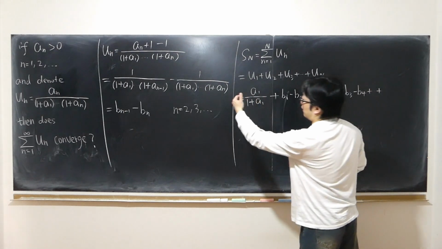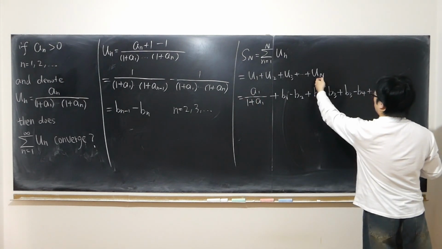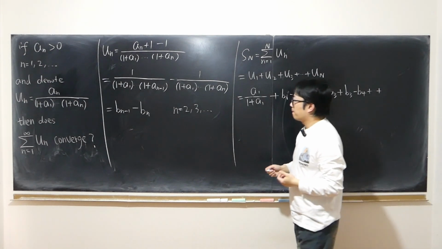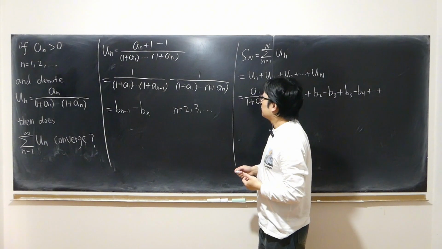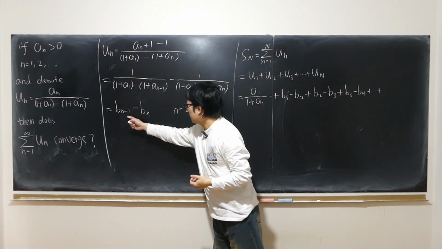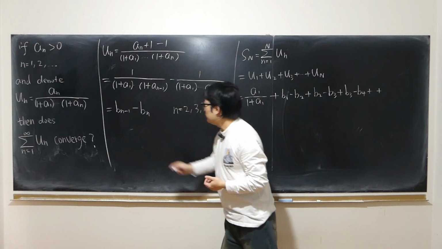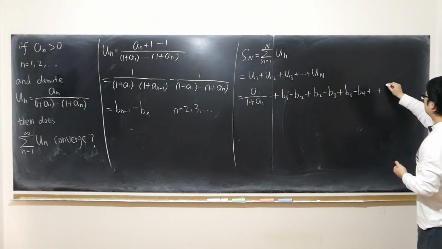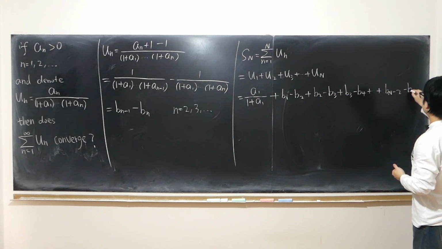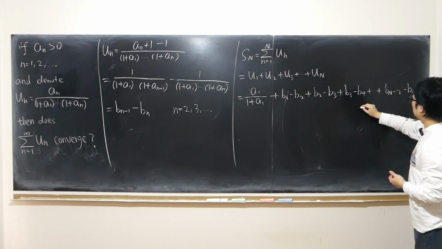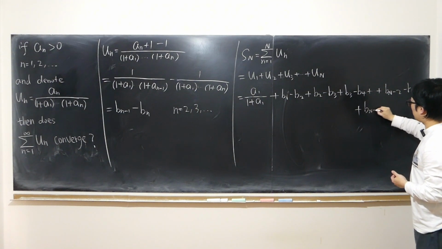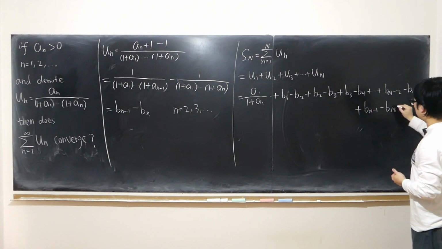Before I write the last term, u_N, let's write down u_{N-1}. That's b_{N-2} minus b_{N-1}. Then the last term is u_N, so b_{N-1} minus b_N.